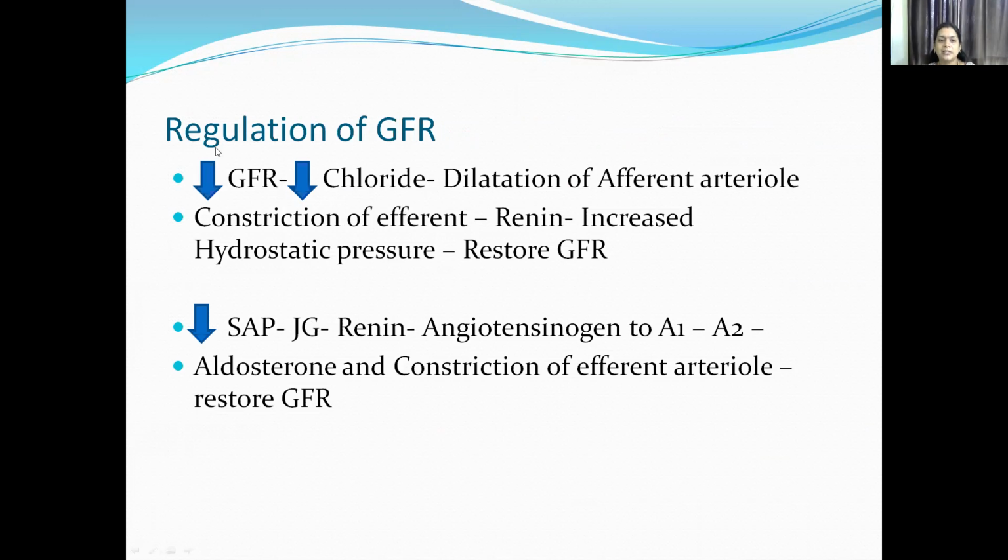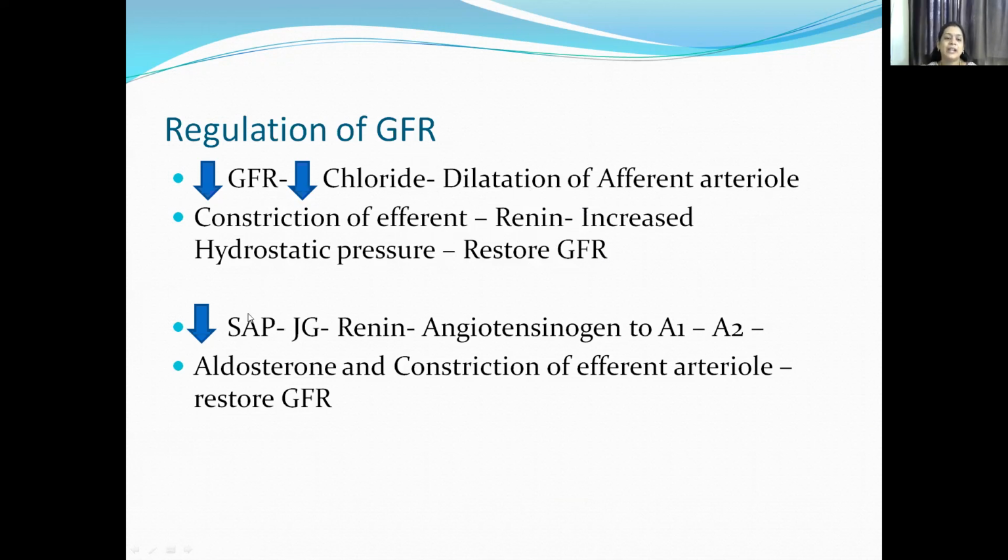So whenever there is a decrease in GFR, there is decreased chloride. So what happens? There is dilatation of the afferent arteriole and constriction of the efferent arteriole. And then there is renin secretion, increased hydrostatic pressure, and that's how it restores the glomerular filtration rate back to the norm.